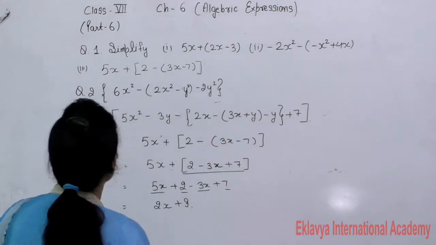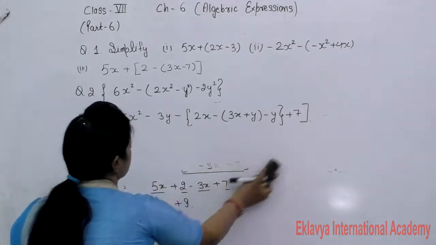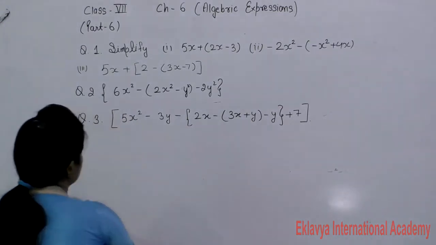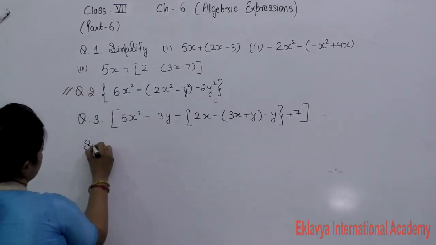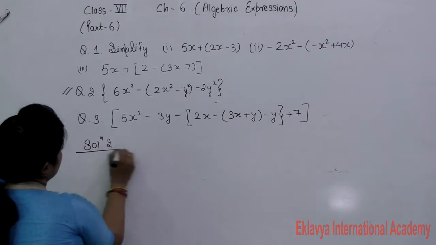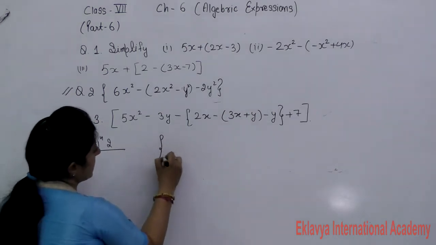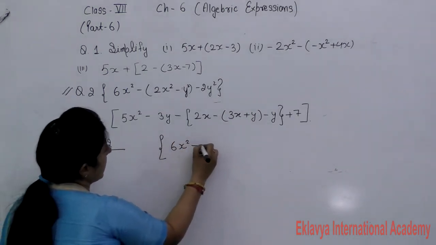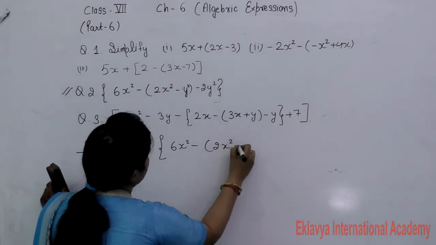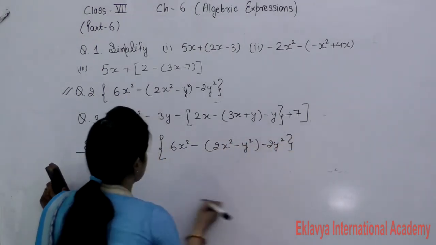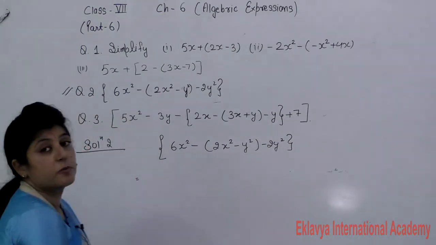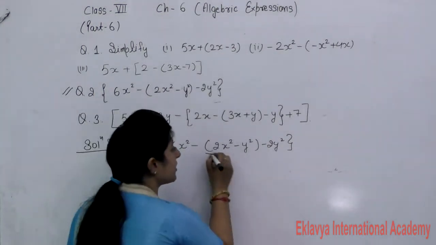See the next question. Question number second. How to solve it? See, our question is firstly braces, 6x square minus parenthesis 2x square minus y square, minus 2y square, then this. There are two types of grouping symbol. Firstly we solve the innermost, this one.